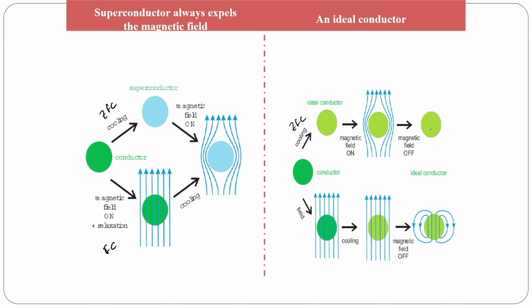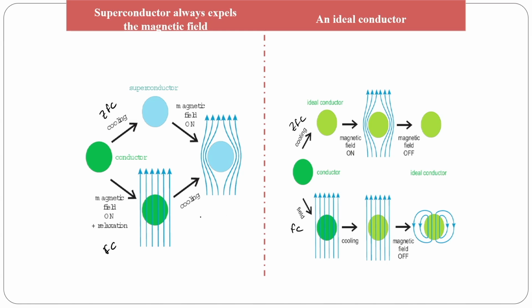If you put the magnetic field off, it just goes back to the conductor that we started with. Now, if you do it field cooled, first you put it in a field and then you cool and you withdraw the field, the flux lines are trapped inside, and this is the hallmark difference between a superconductor and a perfect conductor.